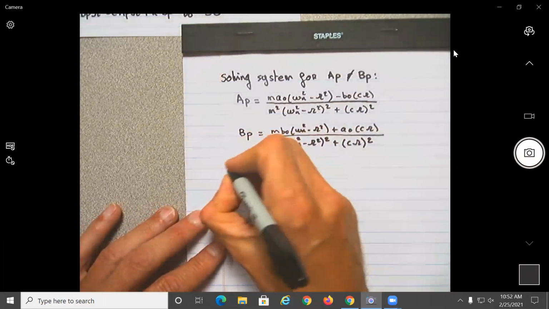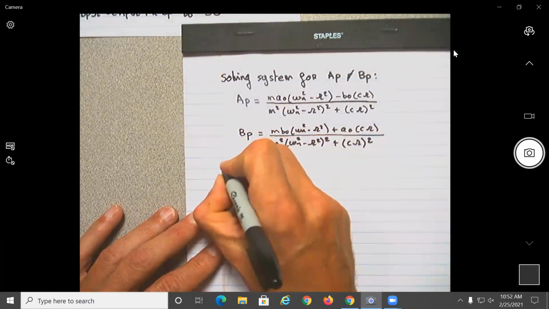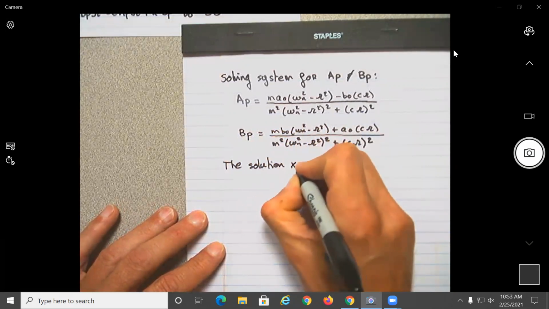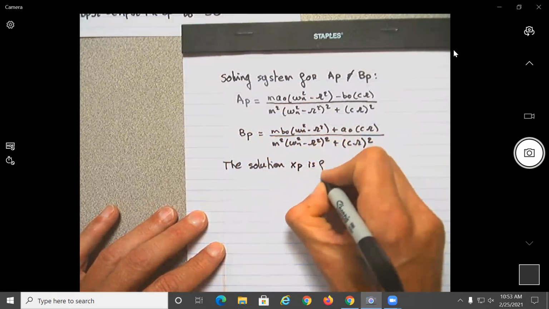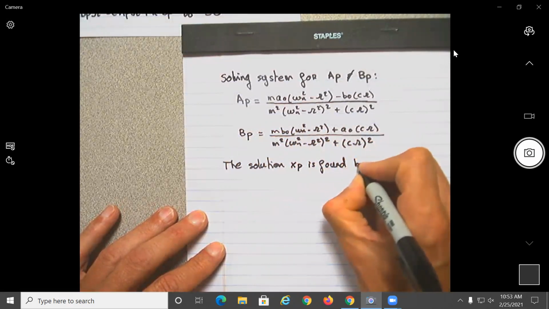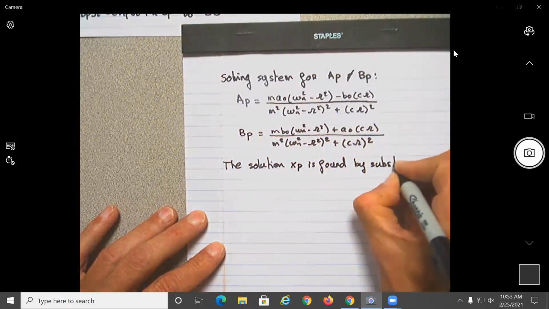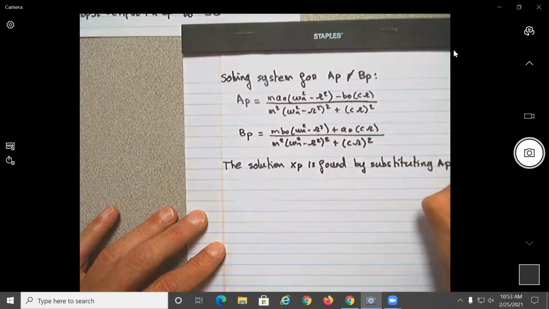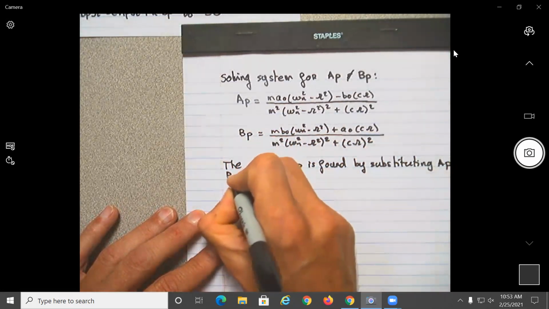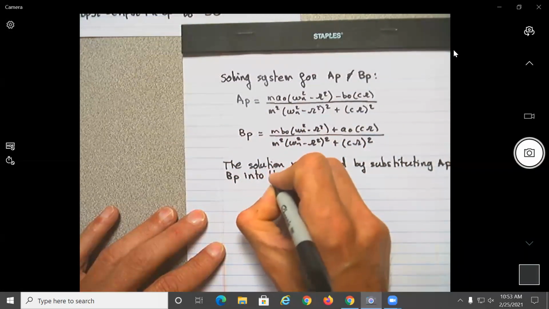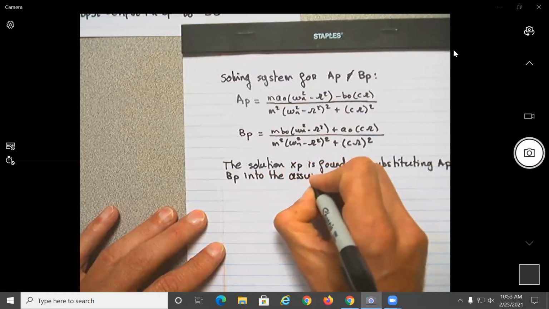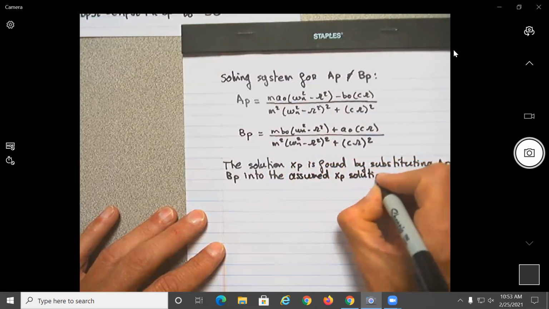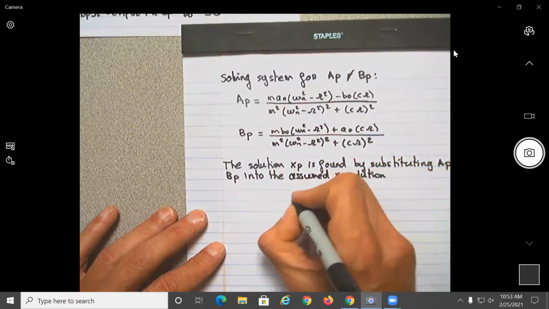Okay, so let's say here the solution x of p is found by substituting A of p and B sub p into the assumed x p solution, which was what?